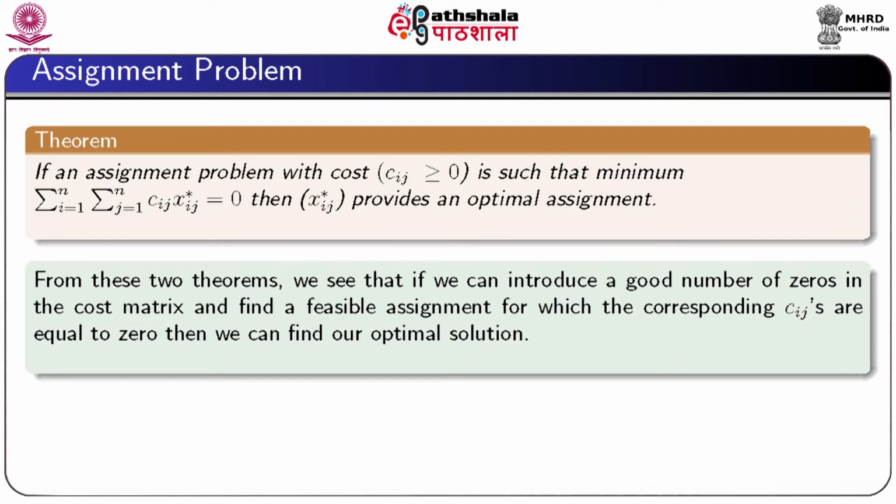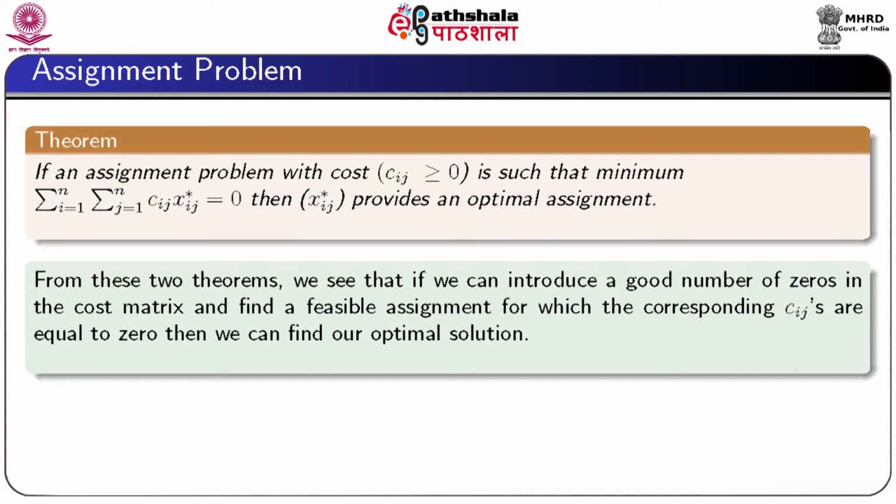We now state another important theorem. If an assignment problem with cost matrix such that Cij is greater than or equal to 0 for all i and j is such that the minimum value of double sigma Cij Xij star equal to 0, then Xij star provides an optimal assignment.